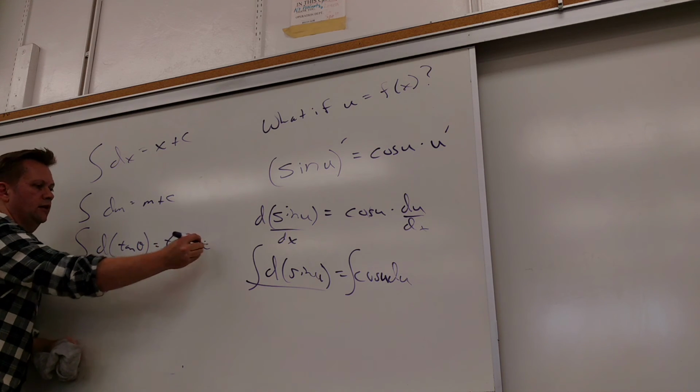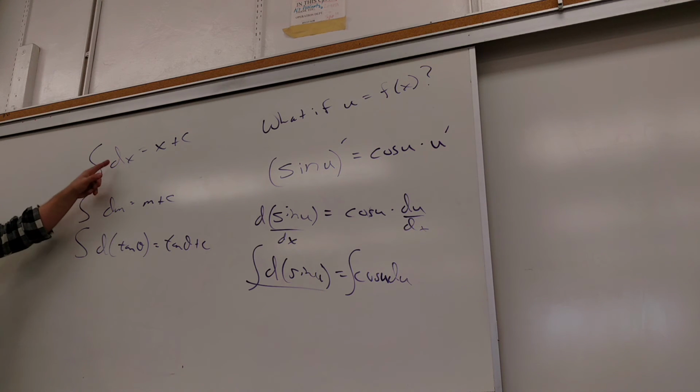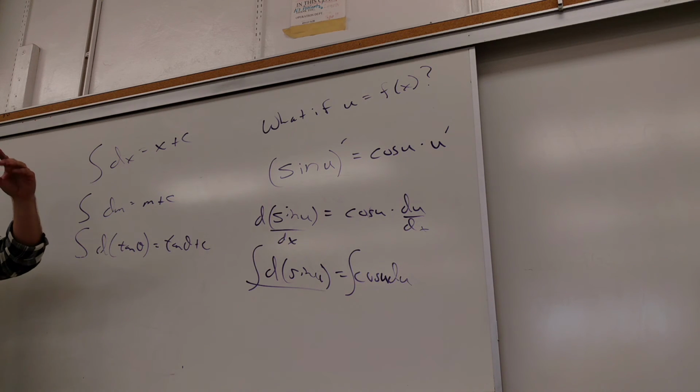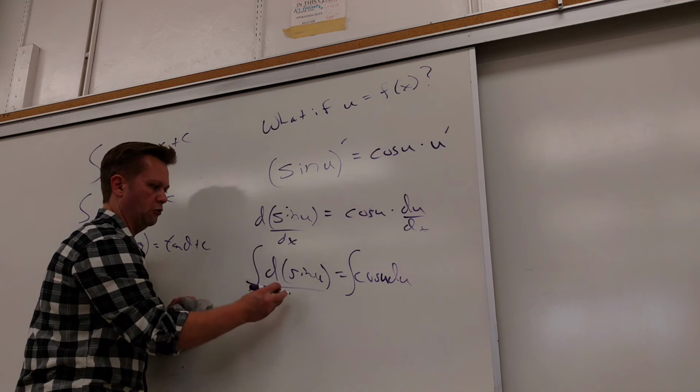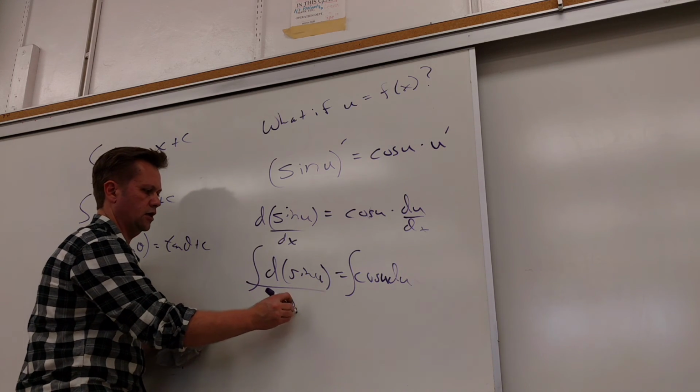Tangent theta plus c. Because you're undoing the derivative of that. You're undoing the derivative of x, so of course you get x. You undo the derivative of m, of course you get m. Undo the derivative of tangent theta, of course you get tangent theta. So here, that would be undoing the derivative of sine u, so of course you get sine u.